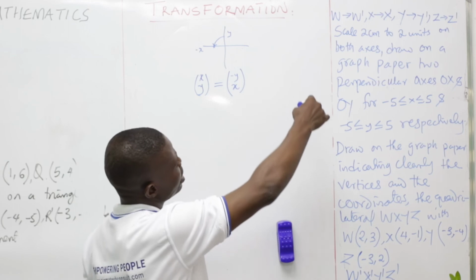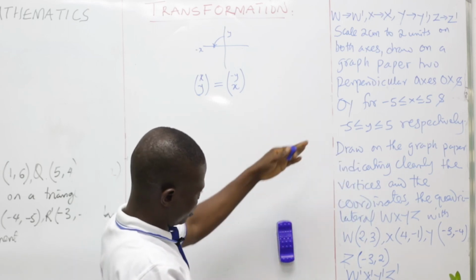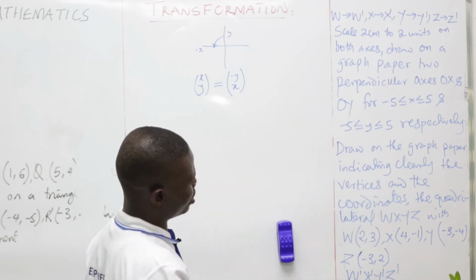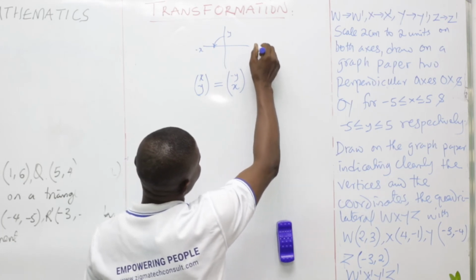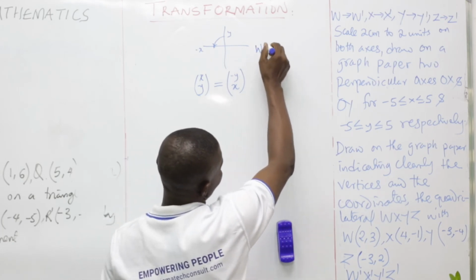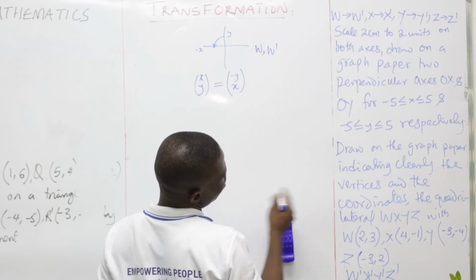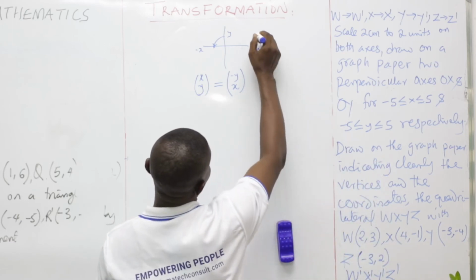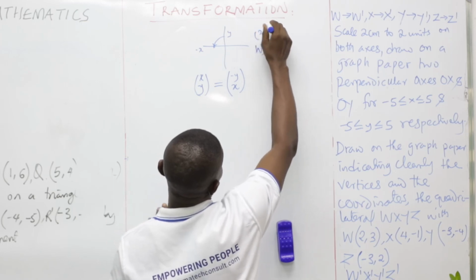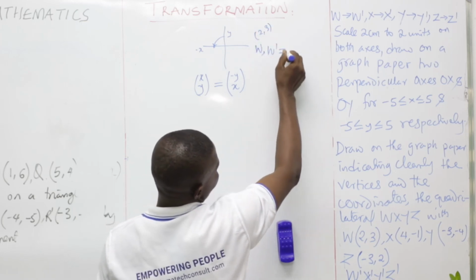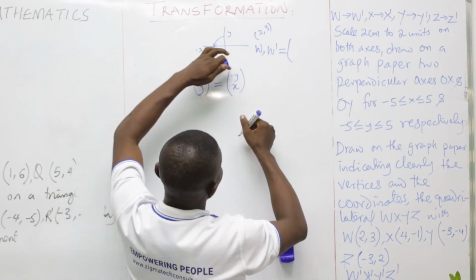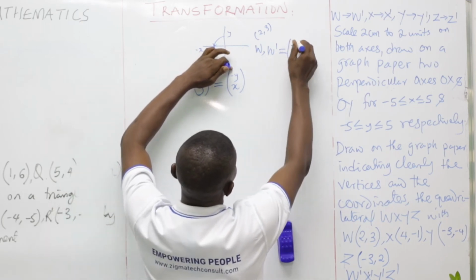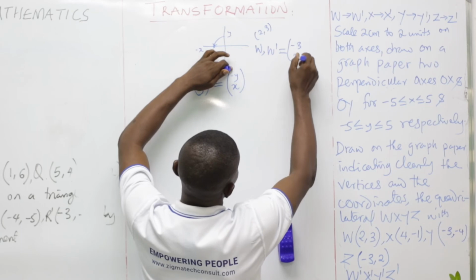So, what do you have here? We want to determine the image of each of W, X, Y, and Z. If we have W, W prime will be what? What is our W? W is (2, 3). Now, its image, W prime, is (-3, 2).